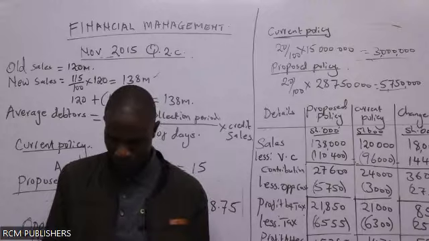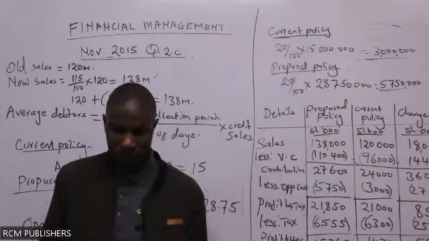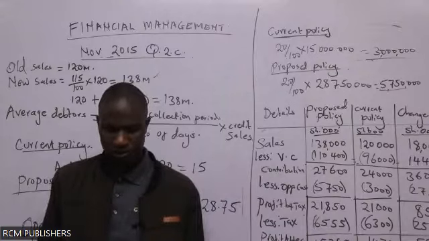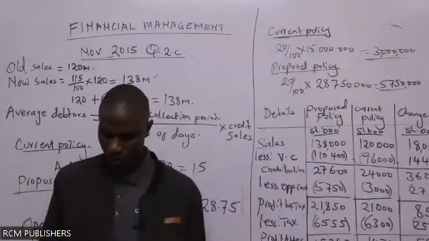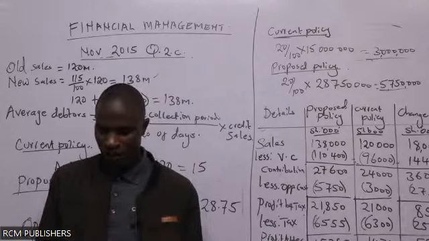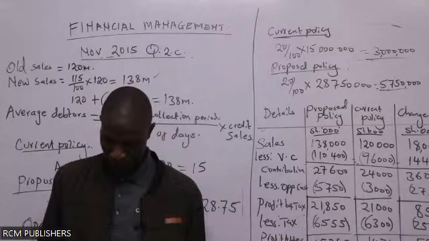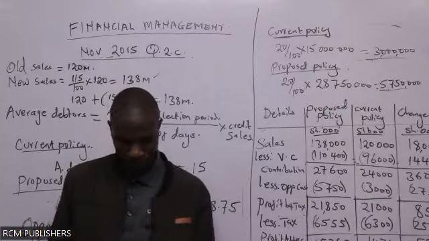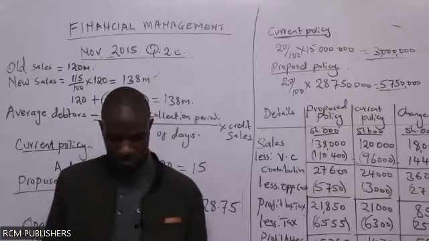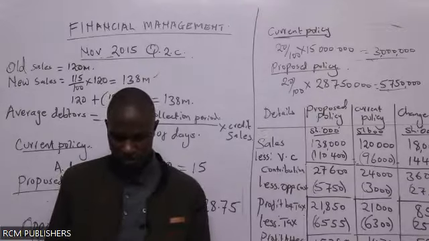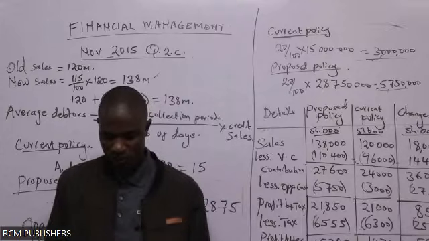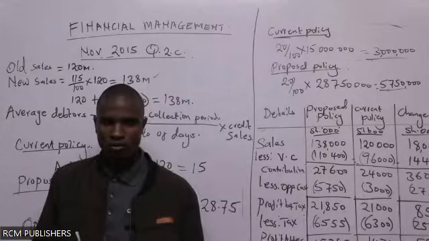Can you look at the pilot paper 2015, still question 4B, that year 2015. Just check whether you have the pilot paper. Pilot paper. Question 4B. Pilot paper still 2015.